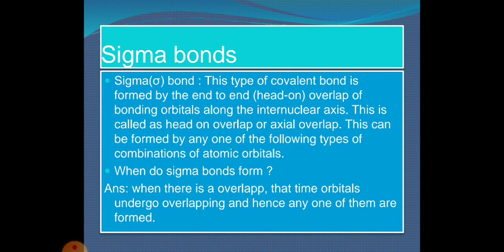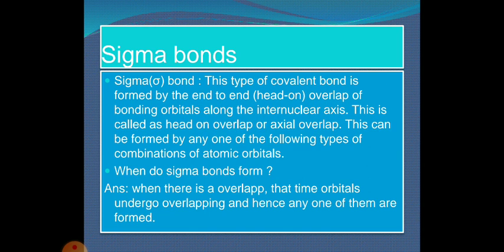A sigma bond is the type of covalent bond which is formed by the end to end, that is head on, overlap of bonding orbitals along the internuclear axis. This is called head on overlap or axial overlap. This can be formed by any one of the following types of combinations of atomic orbitals.